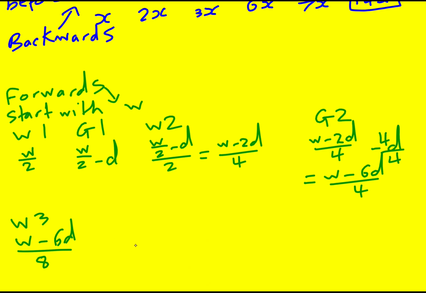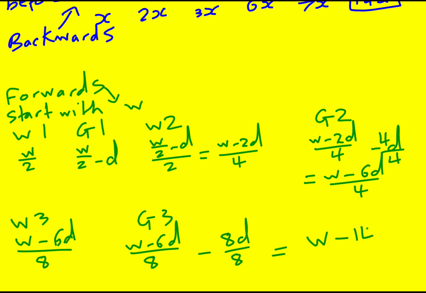And then finally, third granny, we've got W minus 6D over 8 minus D, or I could write down minus 8D over 8 to put it over the common denominator, and hence W minus 14D over 8.